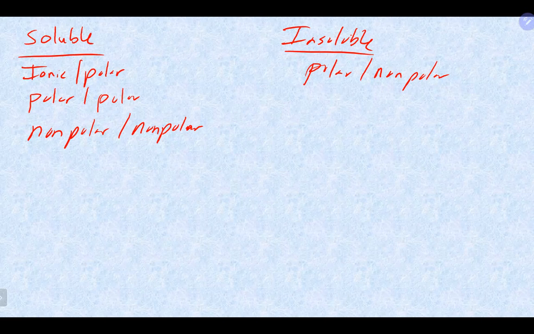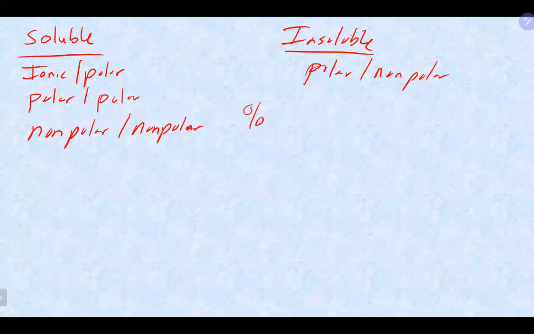We got into concentrations, and there are a few percent concentrations we talked about. We had percent mass to mass, which is the mass of our solute divided by the mass of the solution times 100%.